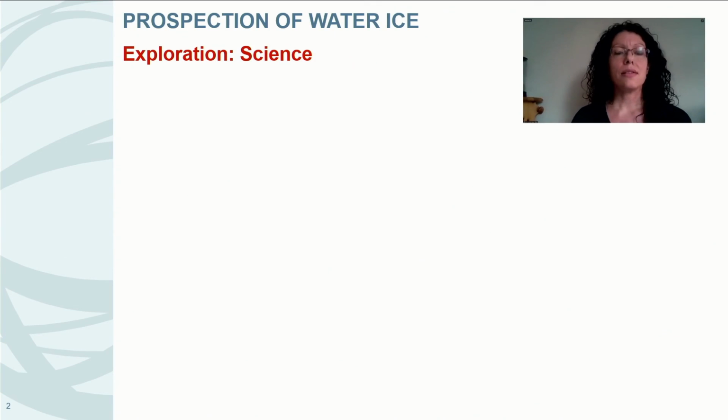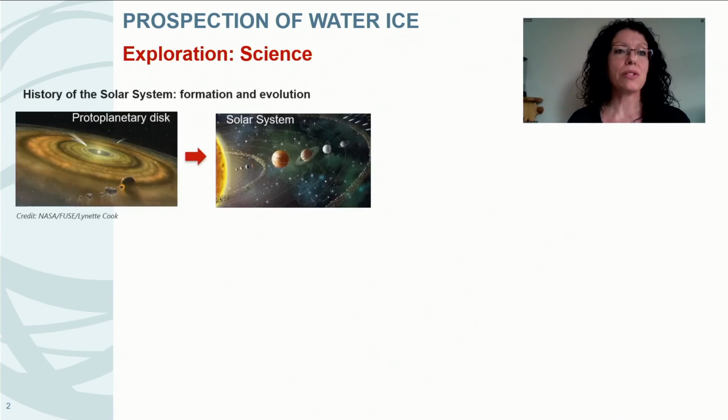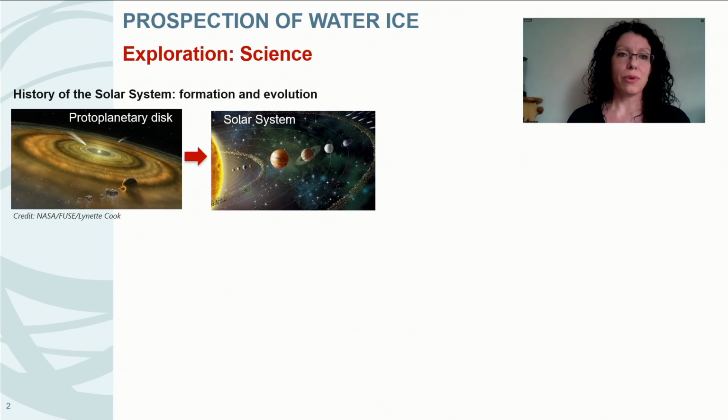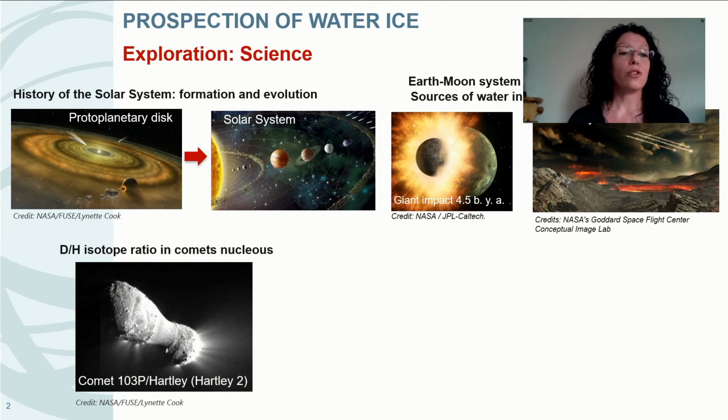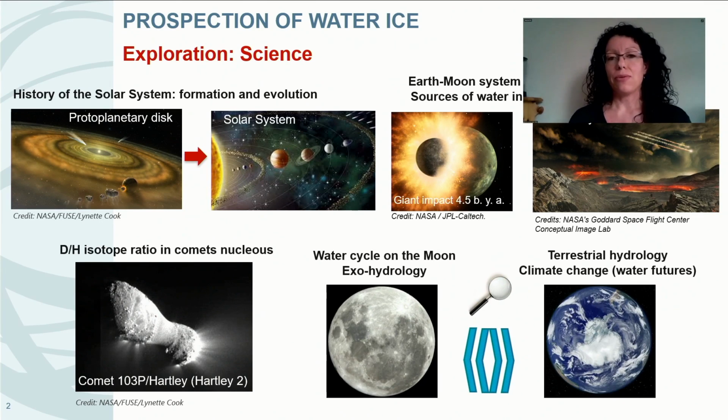So the prospection of extraterrestrial water ice can also give scientific information: about the formation and evolution of the solar system, about the formation and evolution of the Earth-Moon system, about the sources of water in the Earth-Moon system, the isotopic signature of the comet nucleus, and also about the water cycle on the moon.